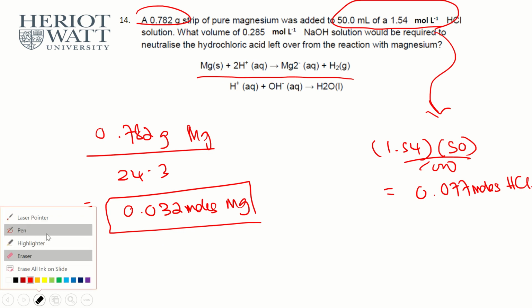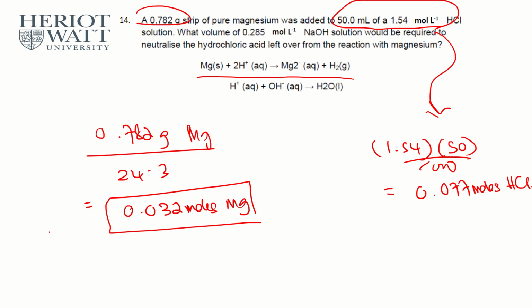So look at that. Once we got the 2 moles here, all right. Although we know that this is definitely in excess, we need to check the ratio. We need to know how many mole of acid will react with the mole of magnesium here, which is the limiting reagent.